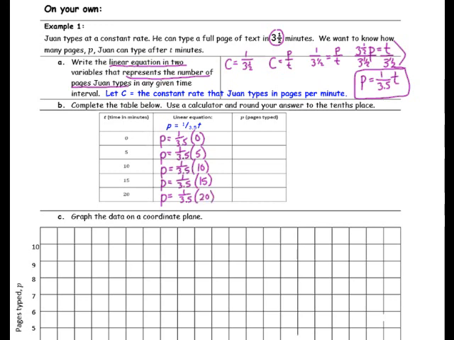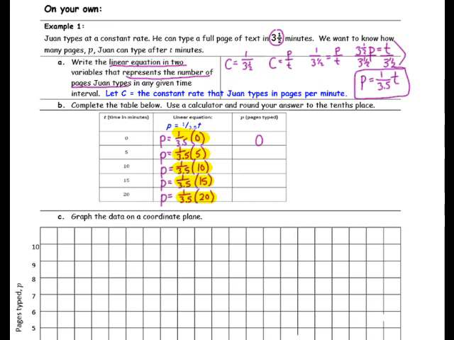Using your calculator, you can multiply the right side of the equation to find the answer. So you'll be multiplying, first divide, then multiply by 0. First divide, then multiply by 5. Divide, then multiply by 10, etc. So our first answer is 0.